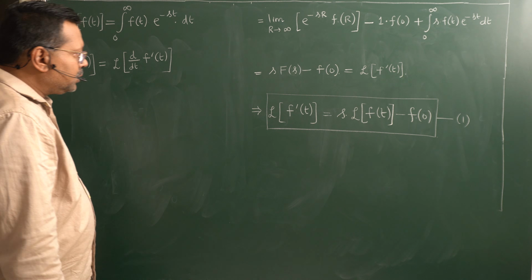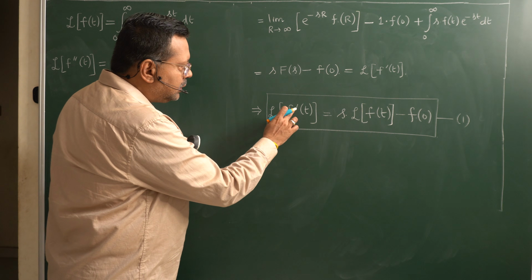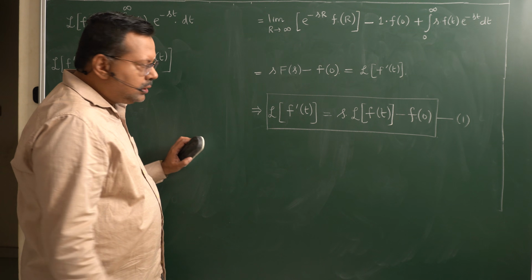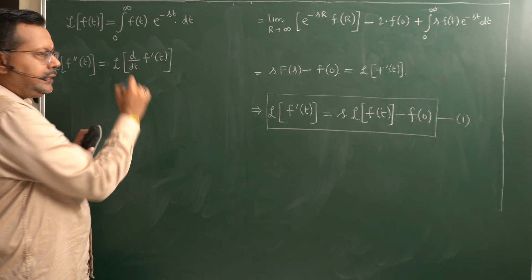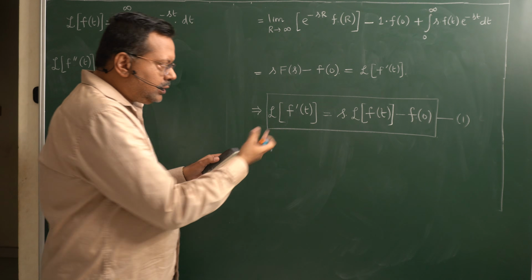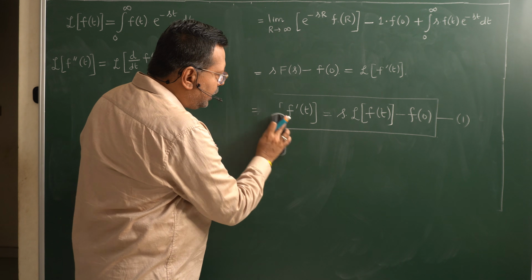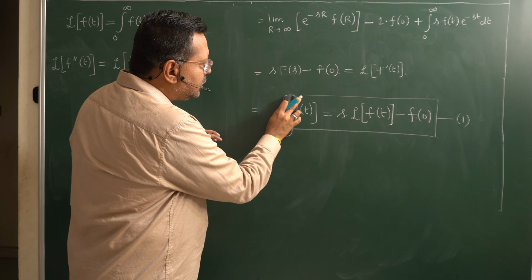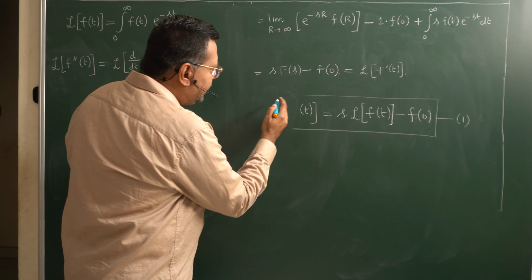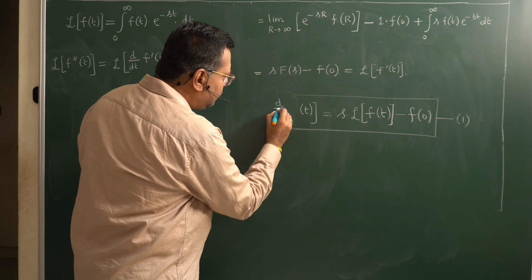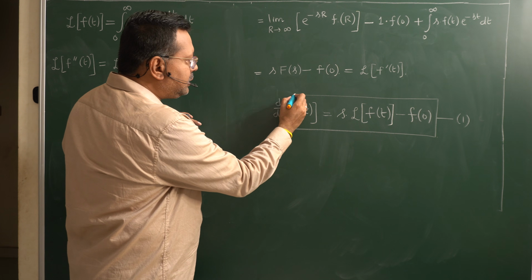The advantage is this prime here is what I am rewriting like d by dt, for convenience. Whether you write prime or d by dt, both are same. So if you want the d by dt version, instead of f prime, I will write d by dt. So this is your d by dt of f of t. That is what is f prime of t.